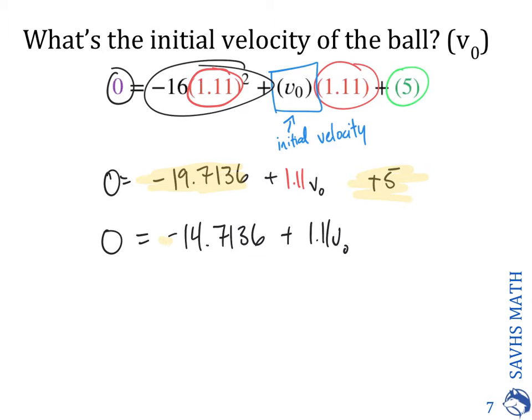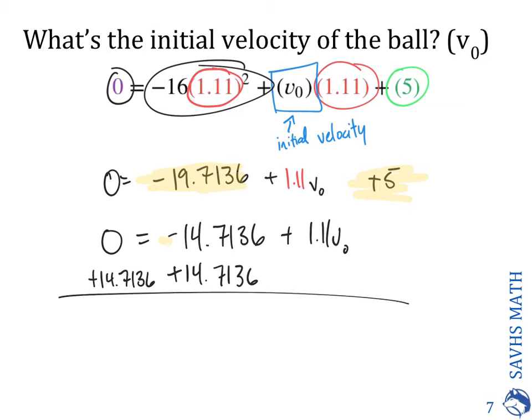So I have to add 14.7136, and I get 14.7136 equals 1.11 v naught.